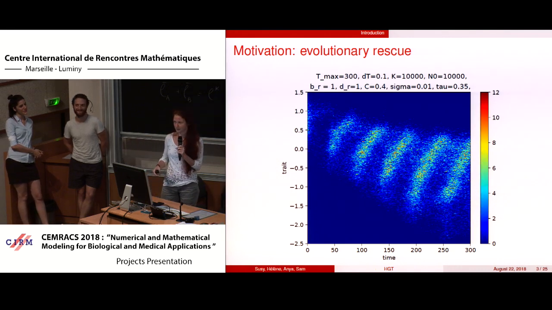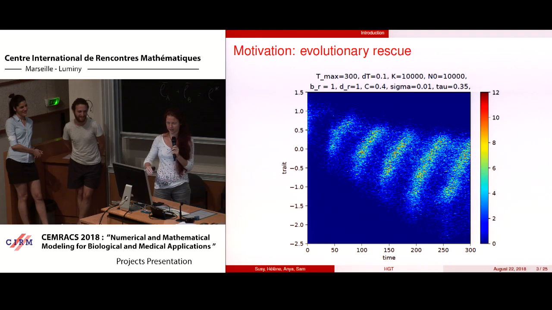So on this plot we show the evolution of a big population of bacteria. Every point on the plot is just some individual.